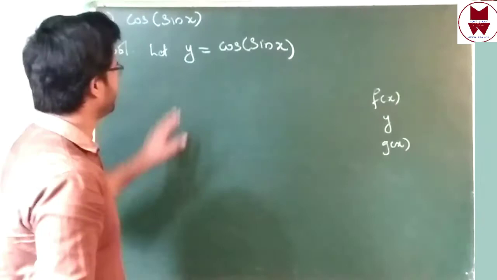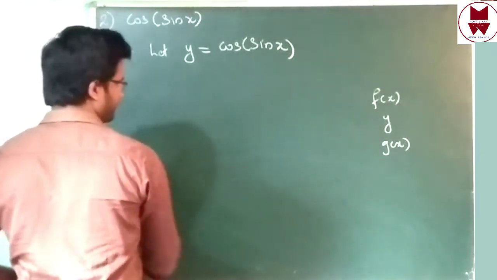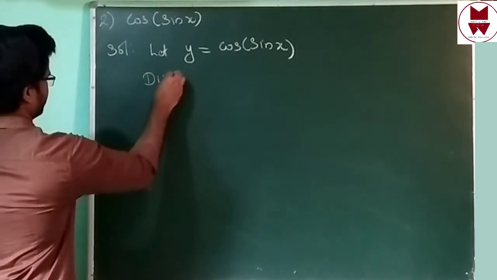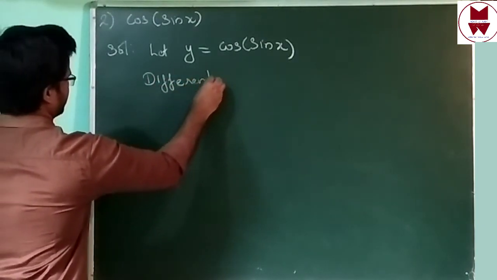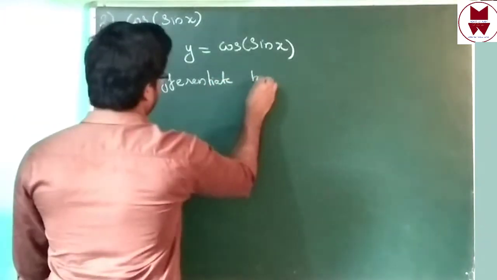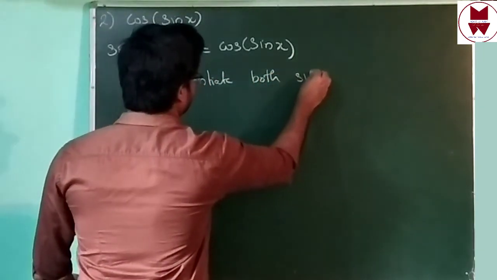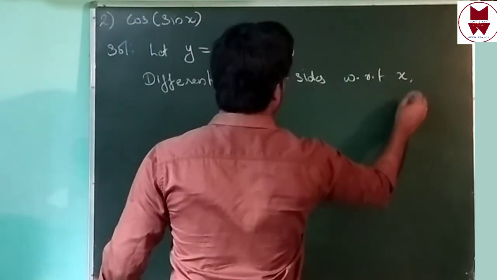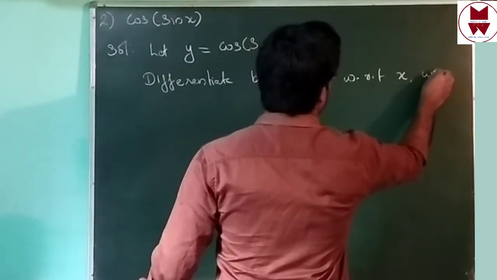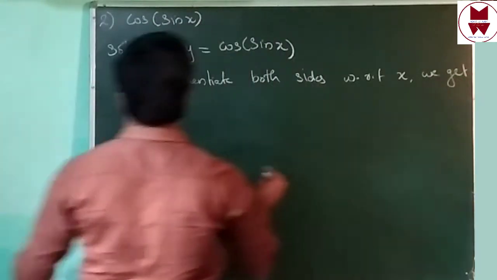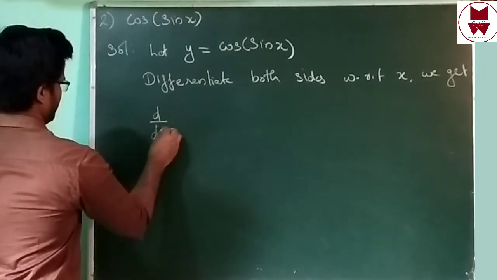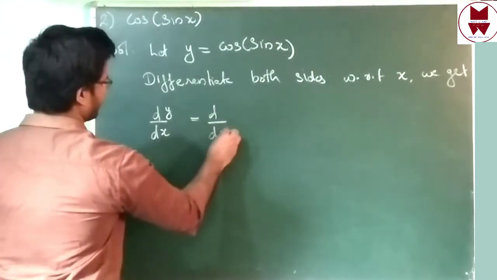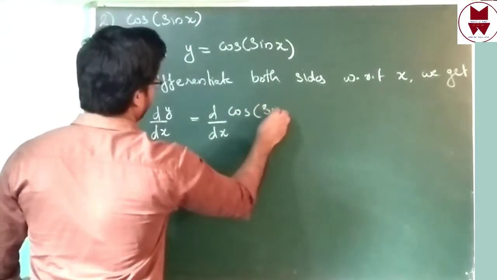Here I am going to give y, then differentiate both sides with respect to x. We get, you can write dy by dx equal to d by dx of cos(sin x).